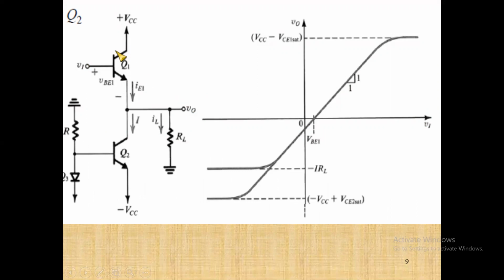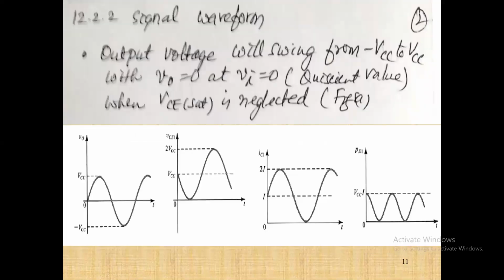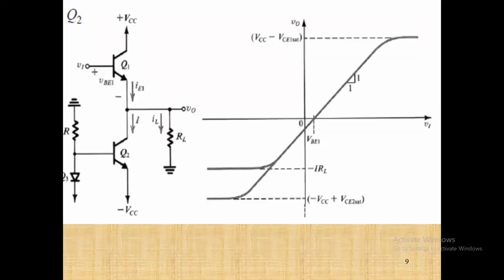When Vi is equal to 0, V naught can be assumed almost equal to 0. So the output will follow the input. So the output voltage swing will be from minus VCC to plus VCC, because of the transfer characteristic. If this is equal to 0, this will be plus VCC.